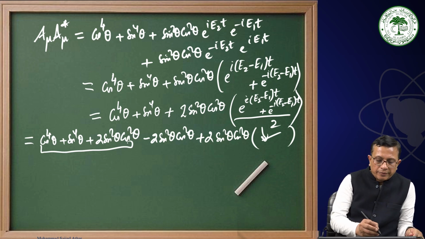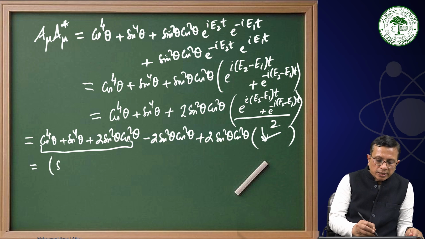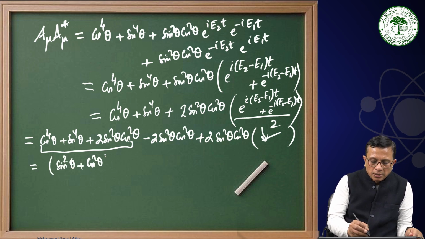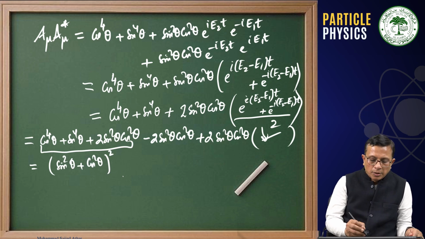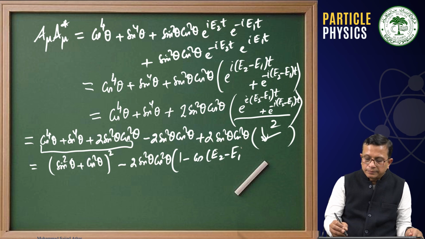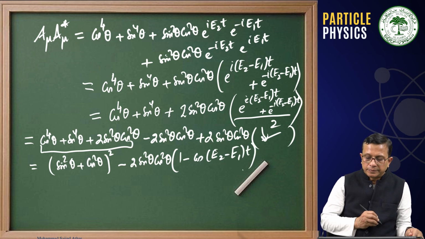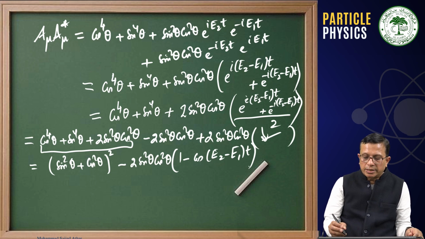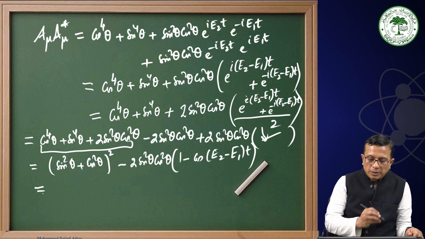Therefore, what you have is sin²θ plus cos²θ whole square minus 2 sin²θ cos²θ times 1 minus cos (E2−E1)t, and this we can write as 2 sin² of half of it.